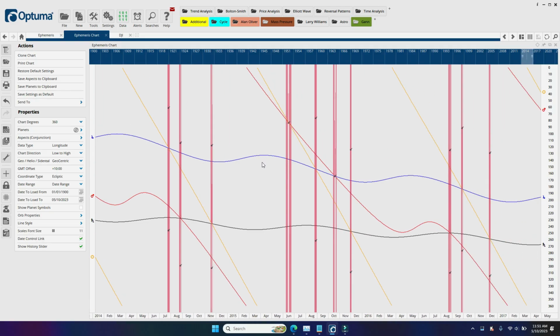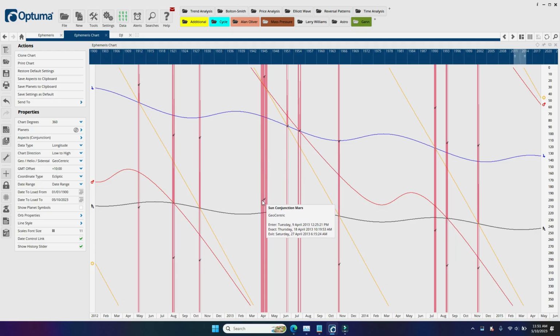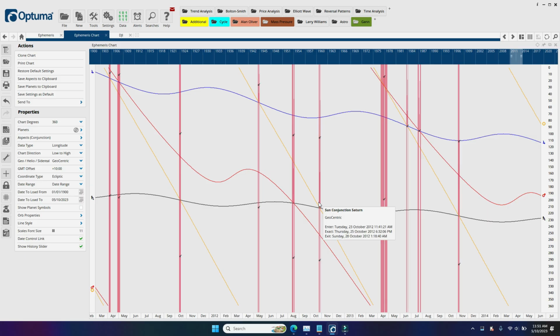They conjunct each other. Here we have a conjunction of Mars and the sun, and this one here, Mars and the sun still, which is up here. I'm just reading it down here. The black one, we have a conjunction of Saturn and the sun.